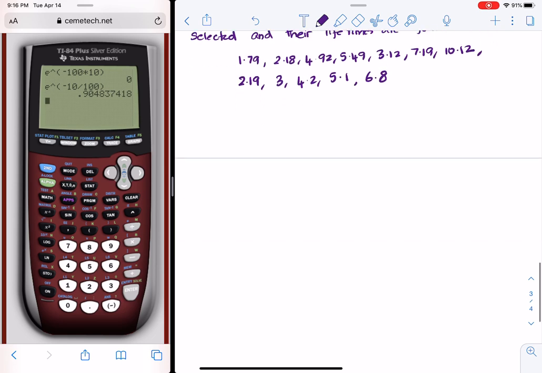Now, we want to use an exponential model.